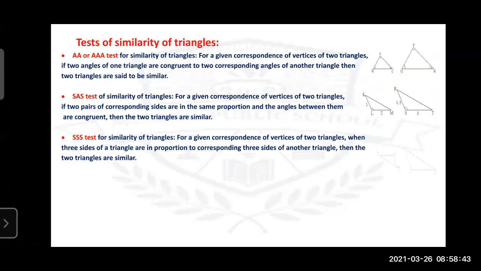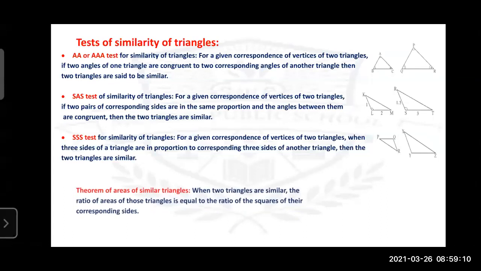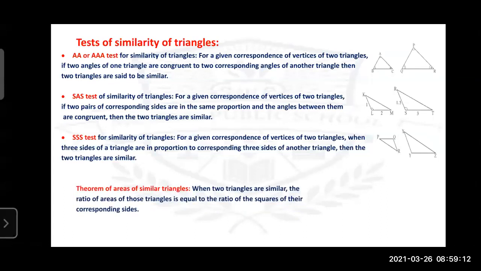The SSS test: in the figure there are two triangles PQR and XYZ, with PQ, PR, QR corresponding to XY, XZ, YZ. For a given correspondence of vertices, when three sides of a triangle are in proportion to the three sides of another triangle, then the two triangles are similar by SSS test.